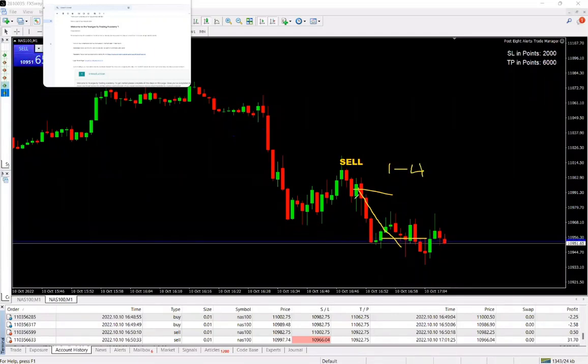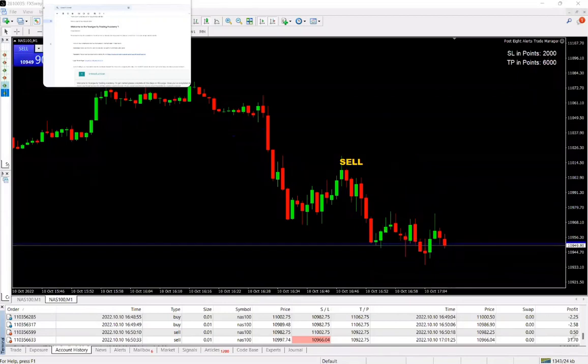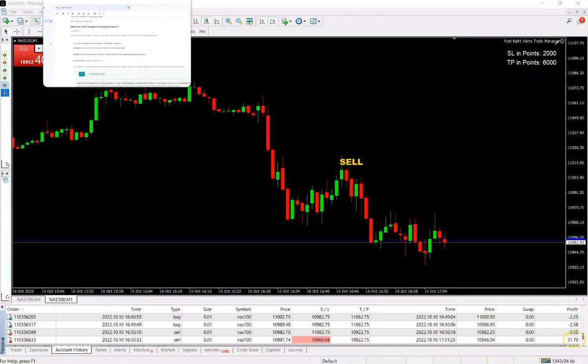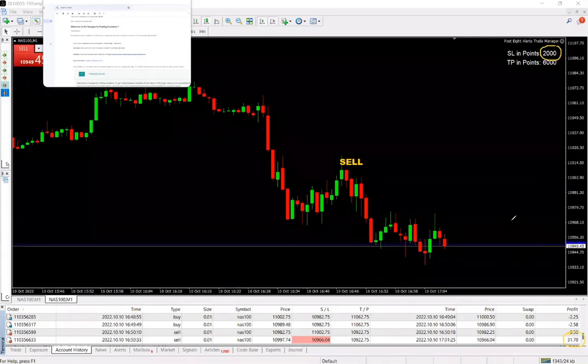Now, if I would have got in at the bottom here, it would have been maybe like a 1 to 2 risk to reward, right? Because you got to think, if my profit was $31 and my stop loss was $20, that's not even a 1-to-2.